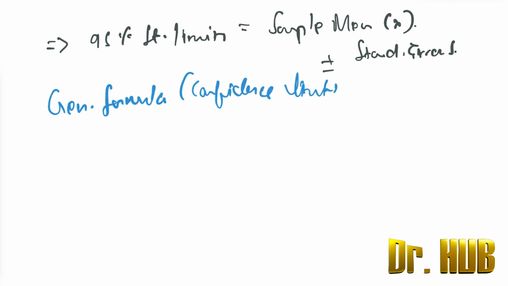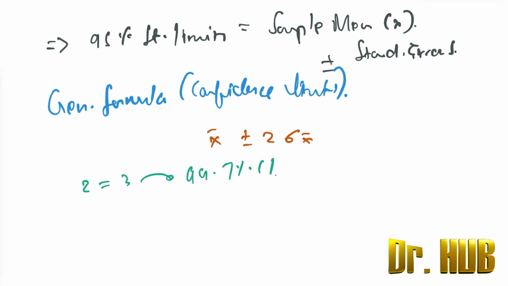It is the sample mean plus or minus z times the standard error. Here z is 3 for 99.7%, z is 2 for 95%, and z is 1 for 68%.